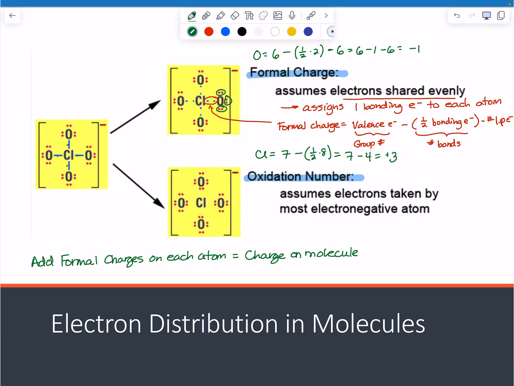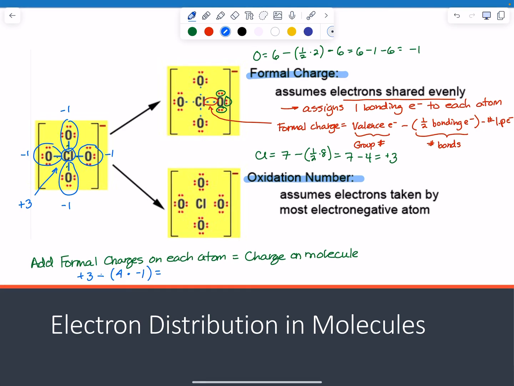So let's look at it. We don't have to calculate the other oxygens, so I'm going to just put the formal charges here. Each oxygen has a formal charge of -1. Our chlorine has a formal charge of +3. So we've got +3 plus 4 oxygens times -1, so plus our -4.